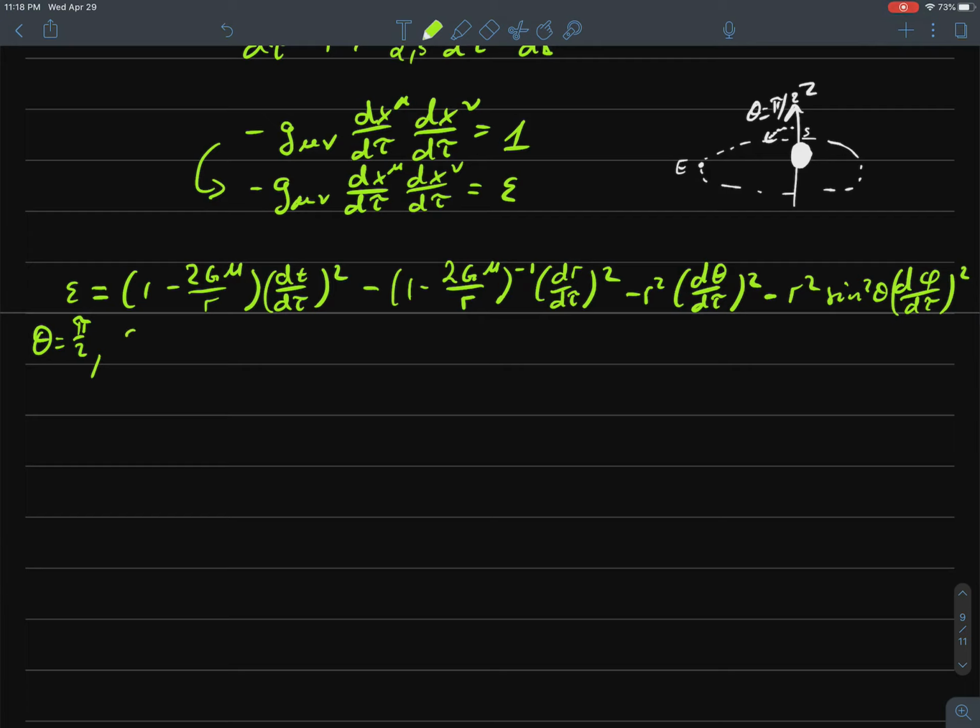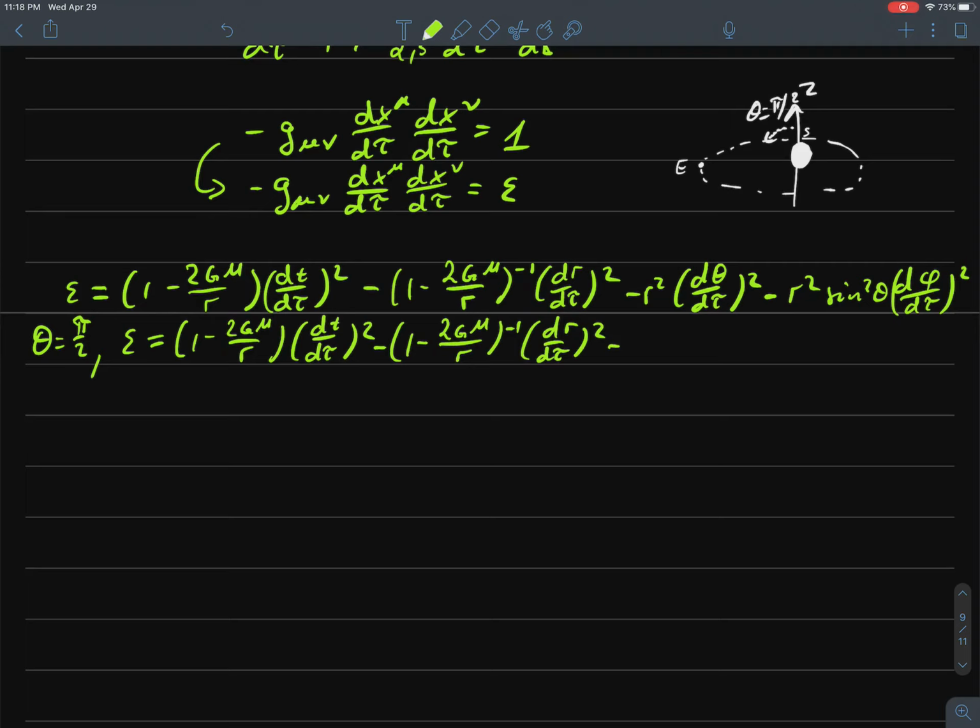So what does that mean for epsilon? The first term, nothing changes. Second term, nothing changes. And nothing changes here.